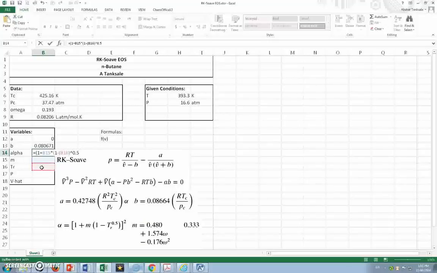At this stage, the values that we get are not going to be accurate until we solve the whole equation using the goal-seek function. So let's set up the equation for M. M is equal to 0.48508 plus 1.574 times omega, omega being the acentric factor, minus 0.176 omega squared.